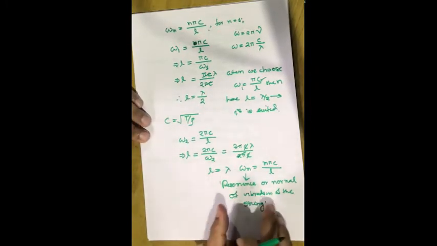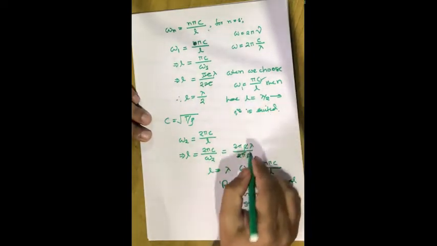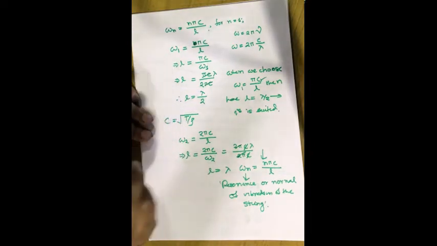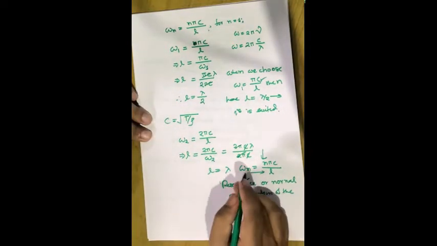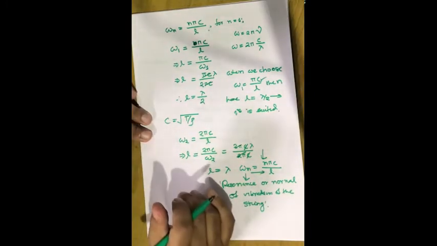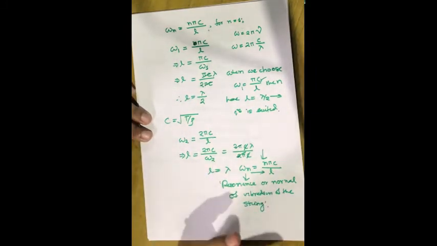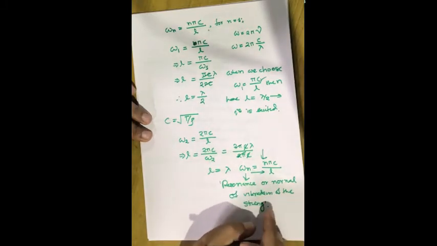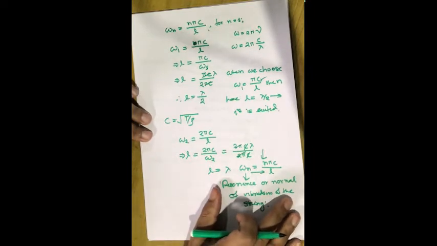So now our control parameter has shifted from L to omega n, and you just have to tune the mechanical vibrator, and whenever the mechanical vibrator satisfies this condition, omega n is equal to n pi c over L, we can see the formation of the standing wave on the string. Not for every frequency can we excite the standing wave, only for resonance or normal modes of vibration of the string.